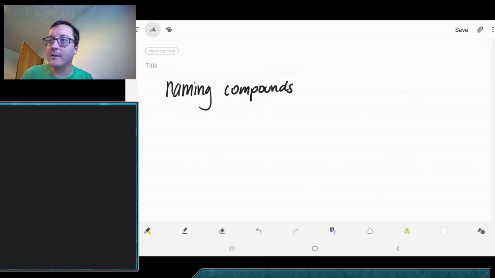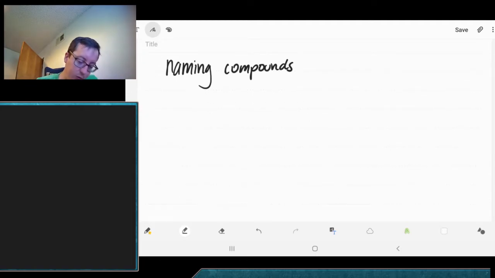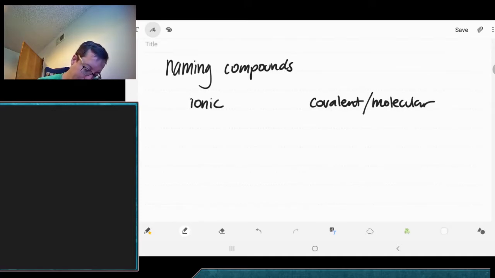Naming compounds then. Let's talk about it. So, here we go. We're going to see that we kind of have two main classes of compounds. Those would be ionic and covalent compounds.